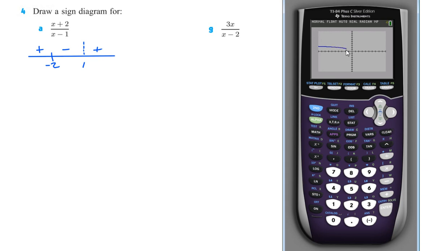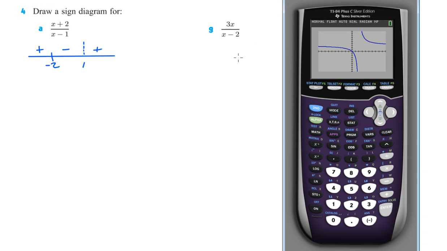Here we go, much anticipated as we wait for this thing to slowly graph. There's the first part, there's the second part. So it's kind of similar to the last one. But it looks like it crosses at 0, and there's an asymptote at 2. Looks like it's right here at 2. That's my best guess. Yeah, that's at 2.